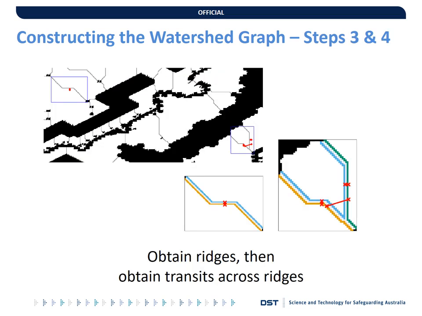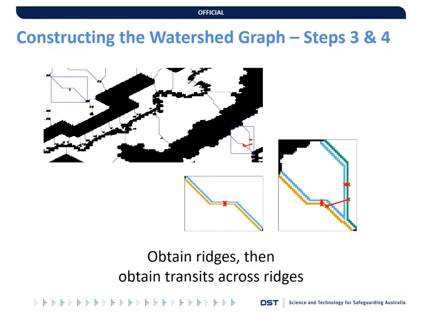So let's see how the transits are obtained, steps 3 and 4. We look at the basins that touch a ridge. They are shown here in different colors. The transit minimizes the round-trip distance between the basins when going via the centroid of the cells that touch the ridge.